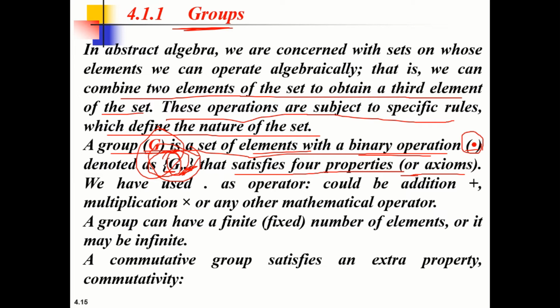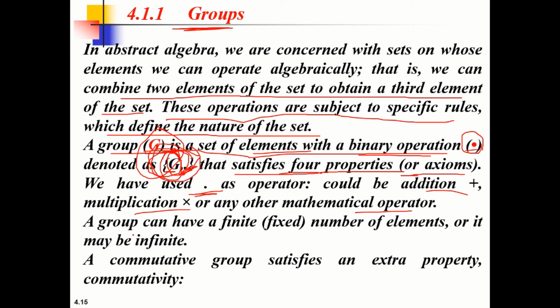If it does not satisfy any of the properties, then we say that the given set of elements is not a group. This operator can be any binary operator: addition, multiplication, or any other mathematical operator. But the elements of this group must satisfy the four properties which we'll be discussing to be called a group.